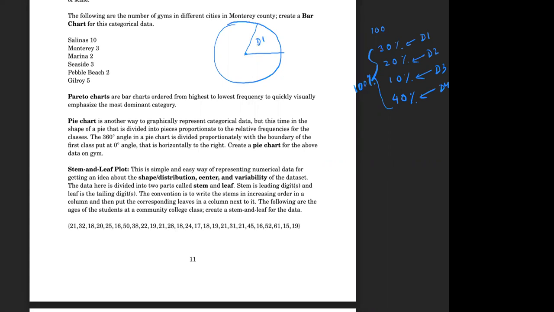And 20% of the pie, my 30% didn't really, sorry, let me just make it a bit more realistic. 30% is gonna be somewhere here, okay, D1. And then you give 20%, the remaining to D2. So this is your D1, D2, and then you give 10% to D3, and the rest is 40%, which is to D4. Okay, these are the things.